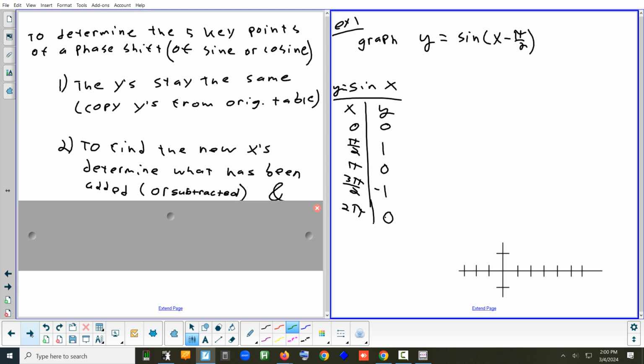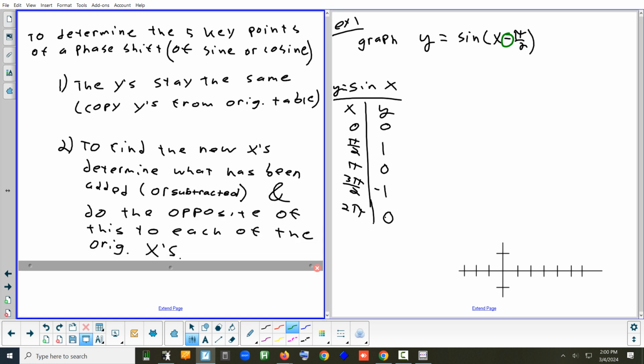Now remember, subtraction is supposed to move the graph which way? To the right. What happens to x values when they move to the right? They get bigger. So what you have to do is look at what you've added or subtracted and do the opposite of that to each of the x's.